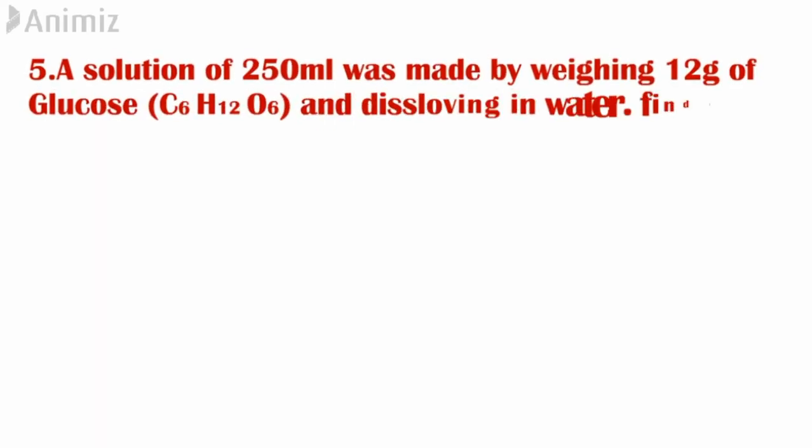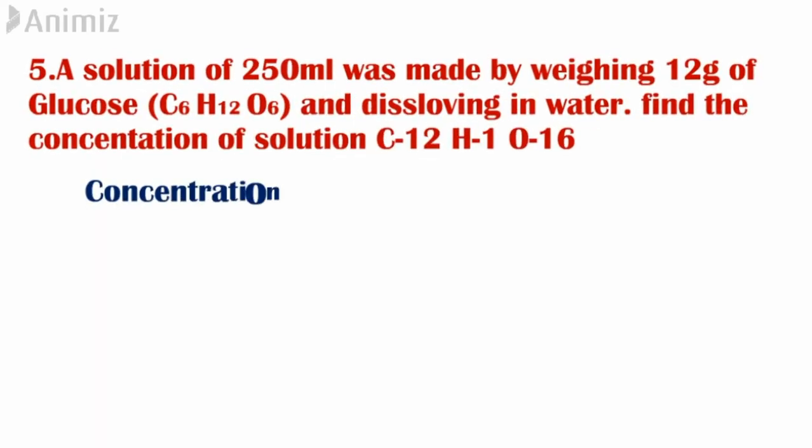A solution of 250 ml was made by weighing 12 gram of glucose and dissolving it in water. Find the concentration of the solution. So in this question, in the given data you have the volume and the mass. By keeping this, you should find the concentration.